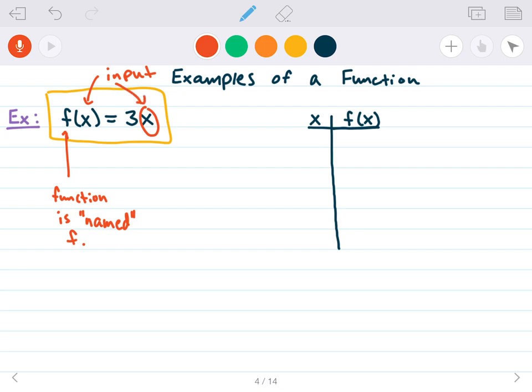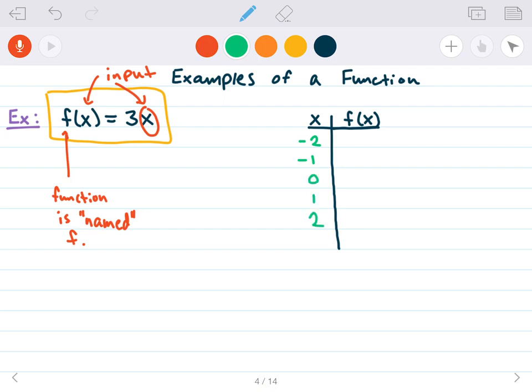Let's make up some input values and see what our output values are going to be. You just choose randomly whatever x values you want. I usually do -2, -1 to get some negative numbers, then 0, 1, 2. Very simple, but you could pick any input you want.